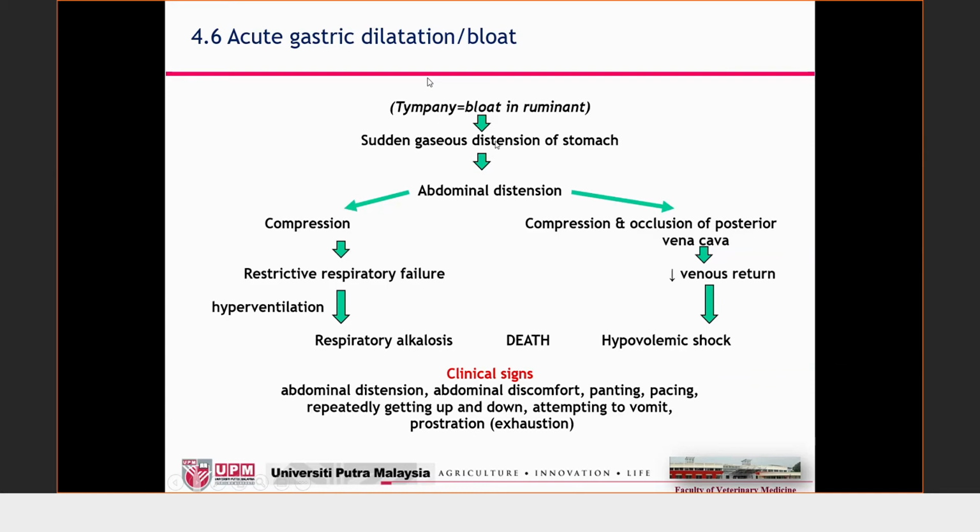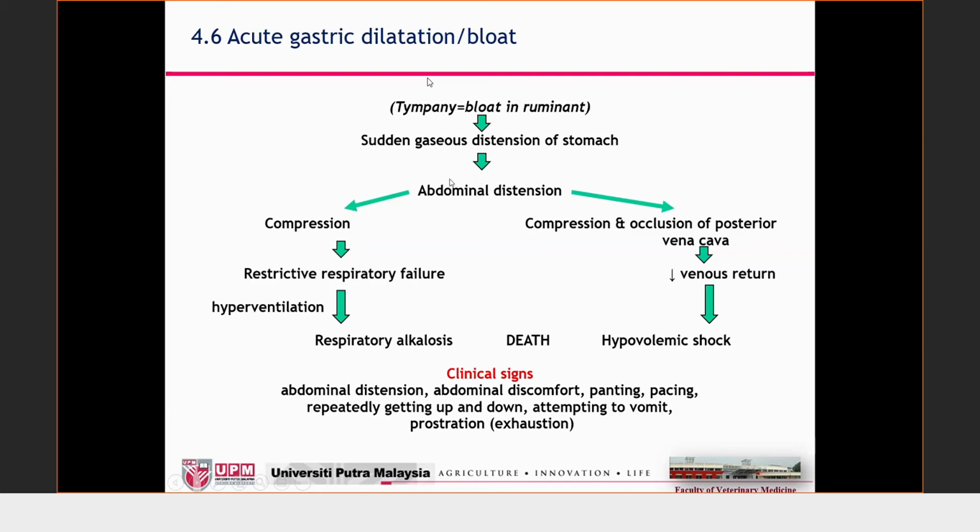This distension can be primary or secondary bloat, where the primary one is a result of excessive mucus and foamy production, while the secondary one is a result of excessive normal gas accumulation due to failure of gas eructation. As a result, they have abdominal distension.